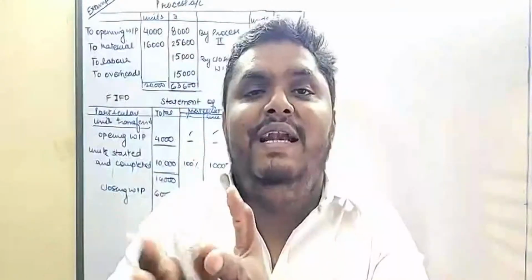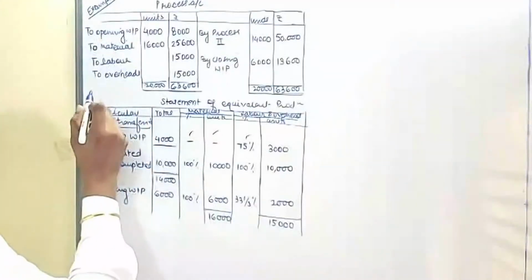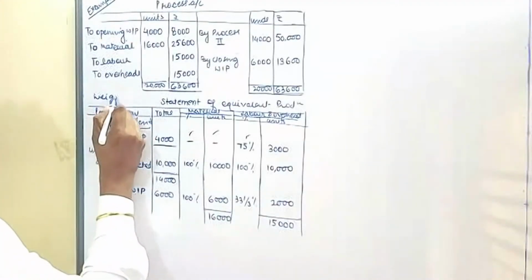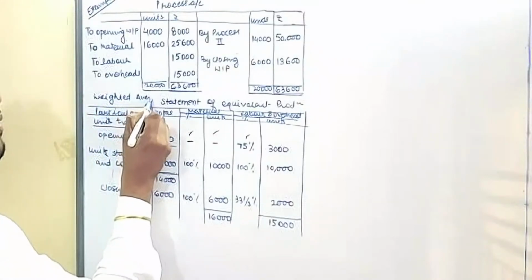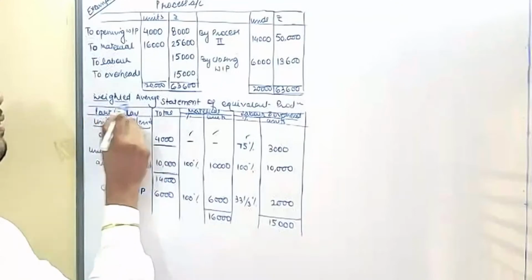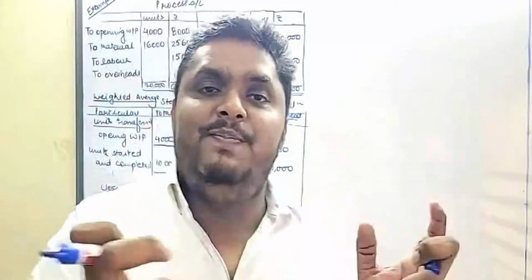Now, guys, we'll be discussing the weighted average method in this question only. Since the question says to solve it as per weighted average method also, see, this is the solution as per FIFO method.